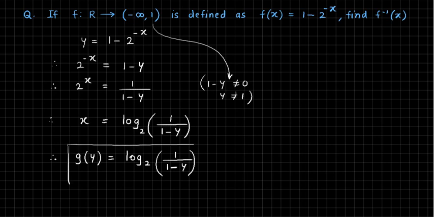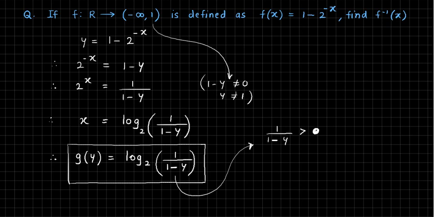Alright. Now let's confirm why we are given the second set as the interval minus infinity to 1. Now if you observe, the function which we found as an inverse is a logarithmic function, and for a logarithm we must have the quantity whose log we are taking as a positive number. So that means we must have 1 upon 1 minus y, a positive number.